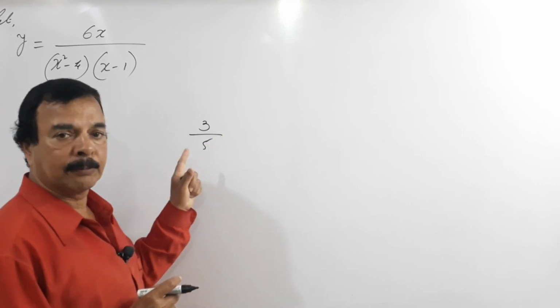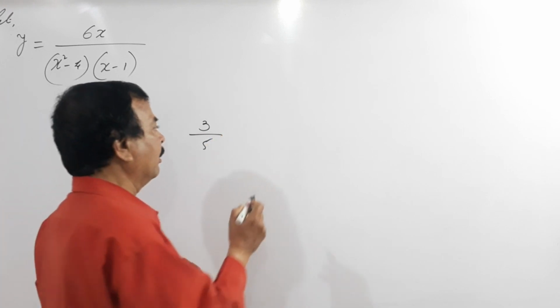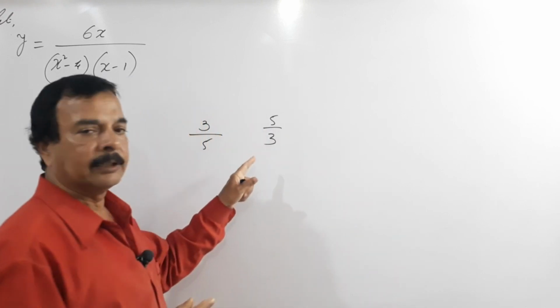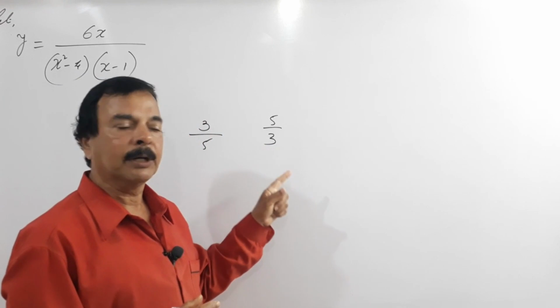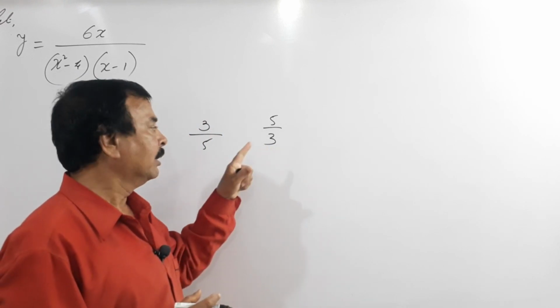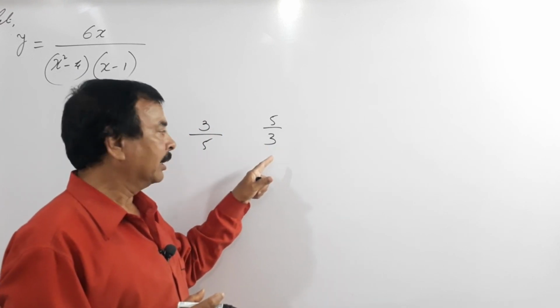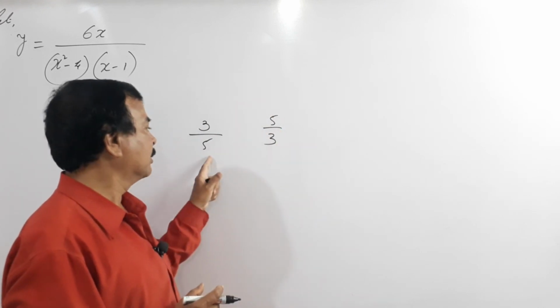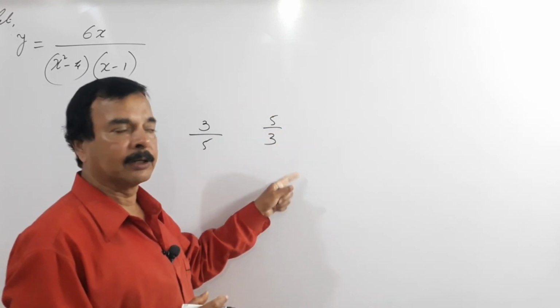So this is a proper fraction. On the contrary, if you reverse this, it is not a proper fraction but an improper fraction, because the degree of the denominator is lesser than the degree of the numerator. So this is a proper fraction, this is an improper fraction.